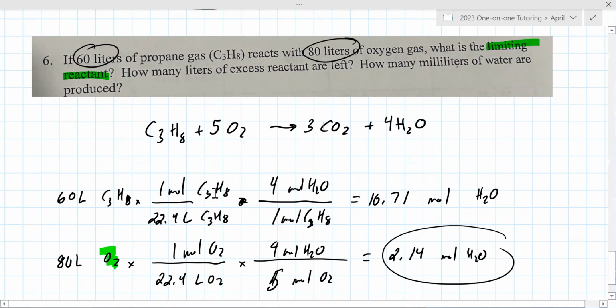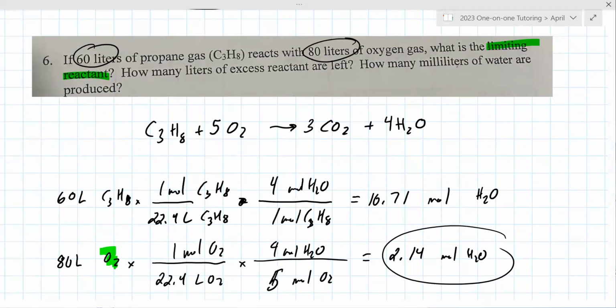Let me real quick try to do this calculation going to CO2 instead of the water, and see if some of this can make some sense. So 60 over 22.4 times 3 over 1, and then 3 over 5.